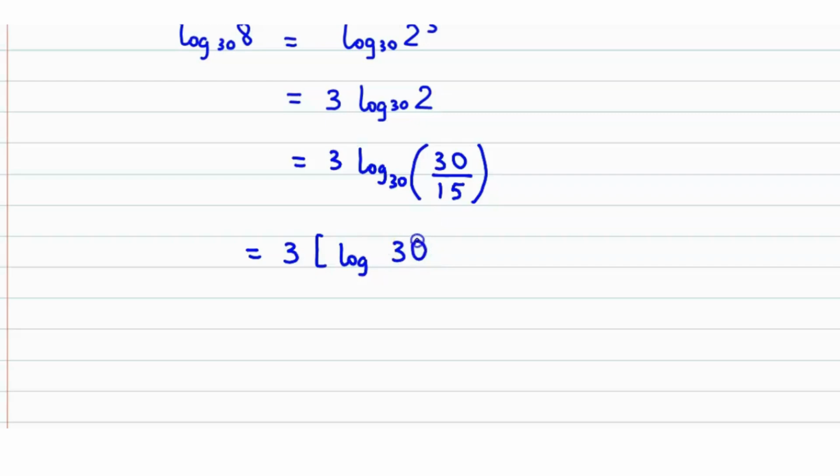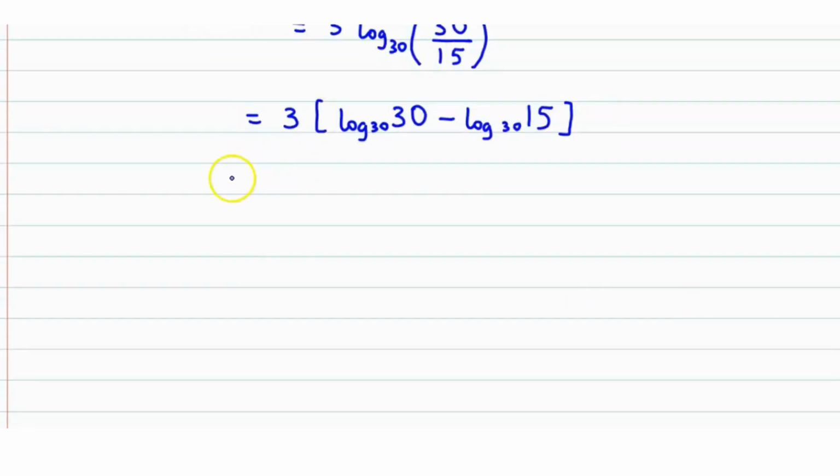So this will become log 30 to the base 30 minus log of 15 to the base 30. Now log 30 base 30 is 1. So the first term will be 1. So we have 3 times 1.